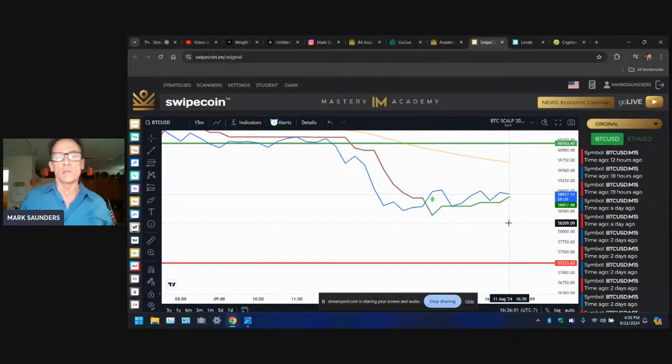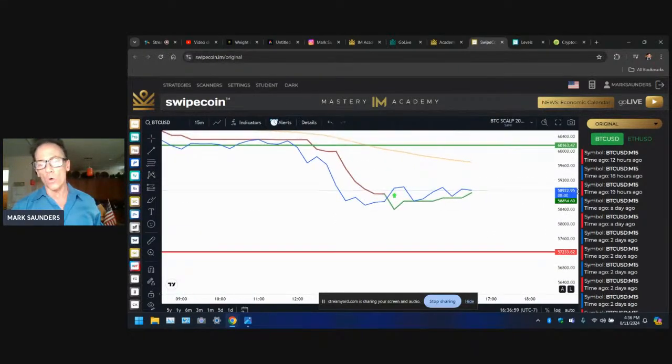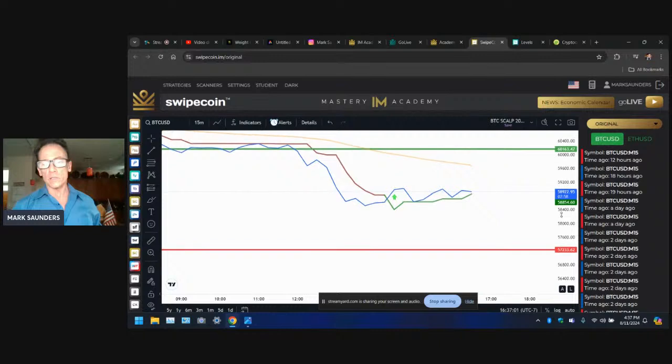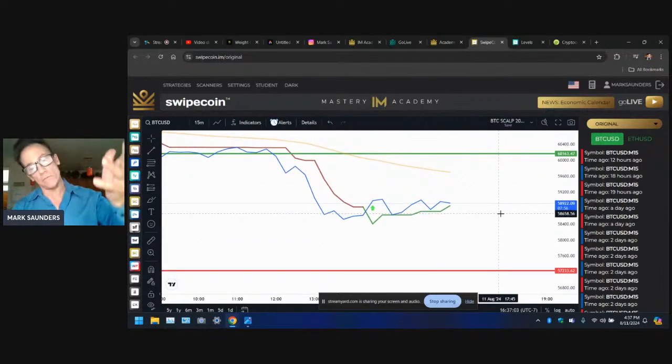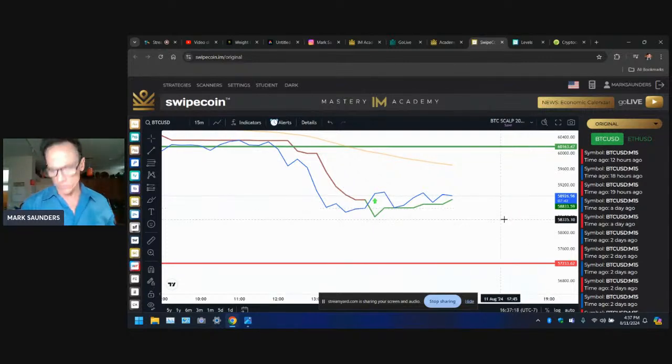So going up, it's going to reach the resistance, and it's going to either resist the green and go back down, or break through and go above. Same thing with the red: it's going to go towards the red and either bounce off support or break through. So that's what we're watching up close right now.